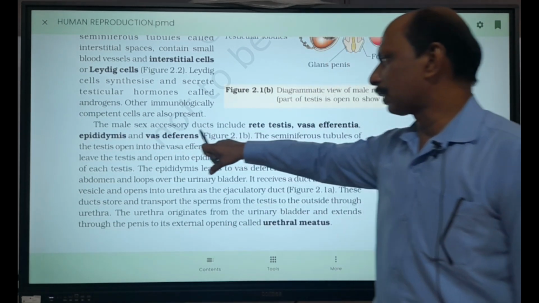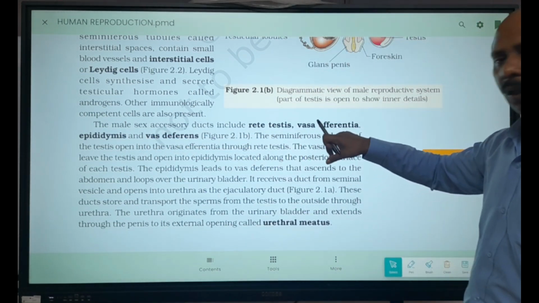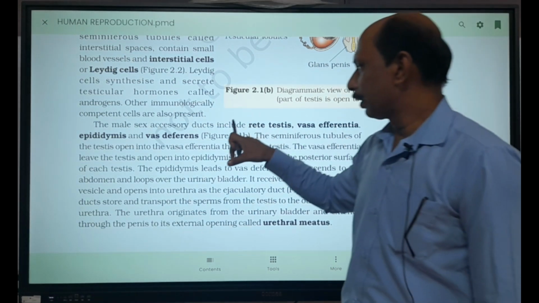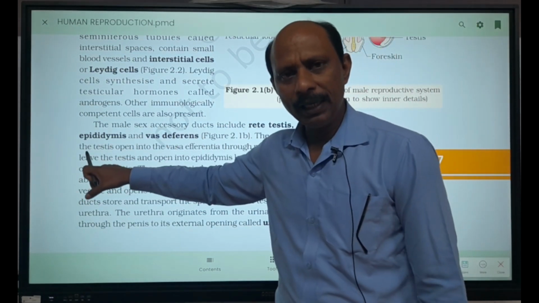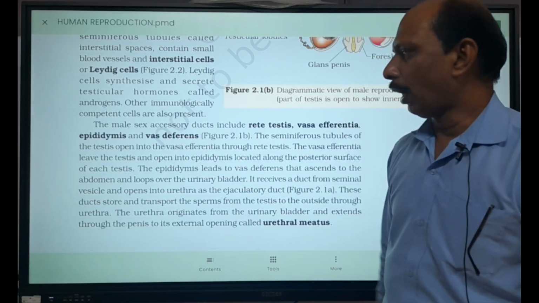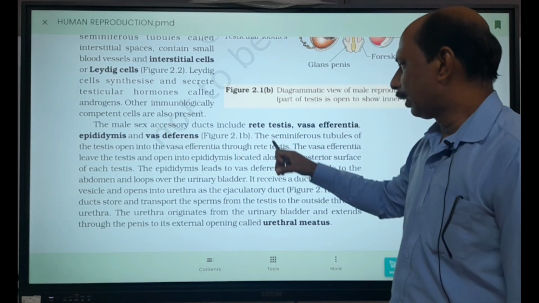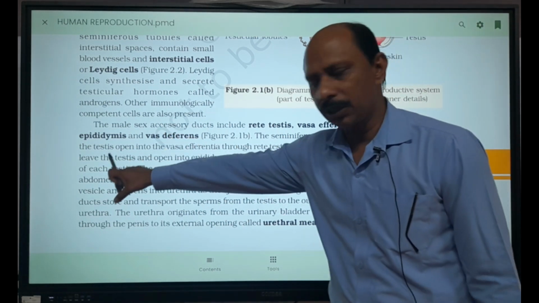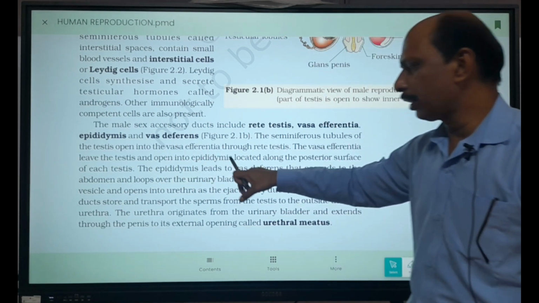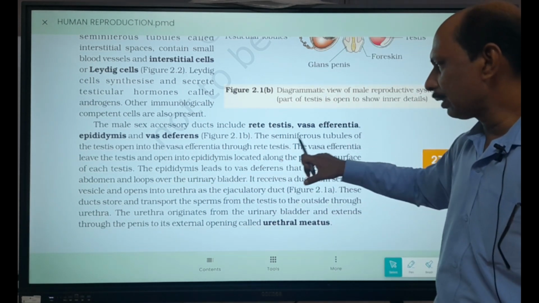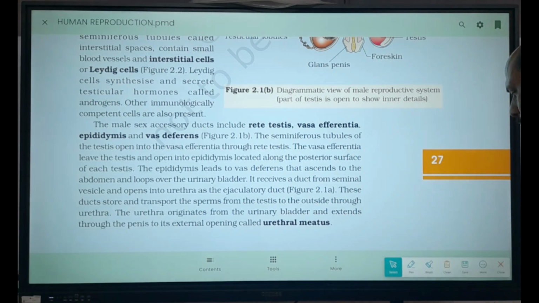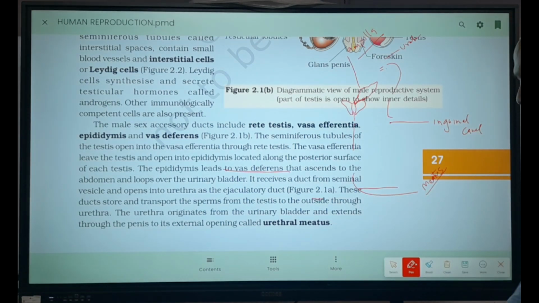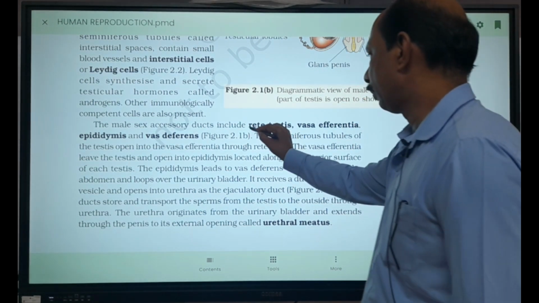The male sex accessory ducts include rete testis, vas efferentia, epididymis, and then vas deferens, right. The seminiferous tubules of the testis open into vas efferentia through rete testis, and this vas efferentia leaves the testis and opens into the epididymis, right.